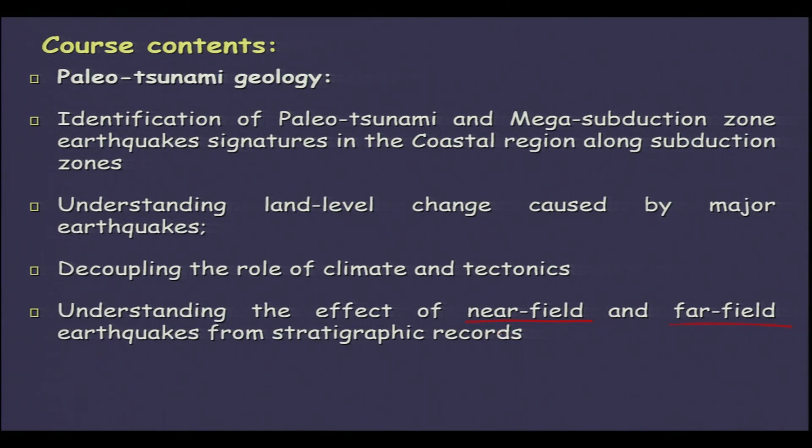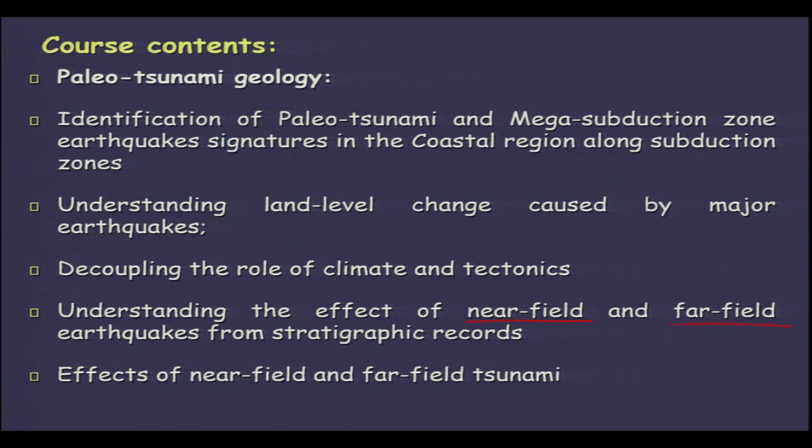We will talk about how we can differentiate using the sediment records, and then the effect of near field and far field tsunamis, very much similar to this. As I told, earthquakes and near and far field tsunamis are associated phenomena.